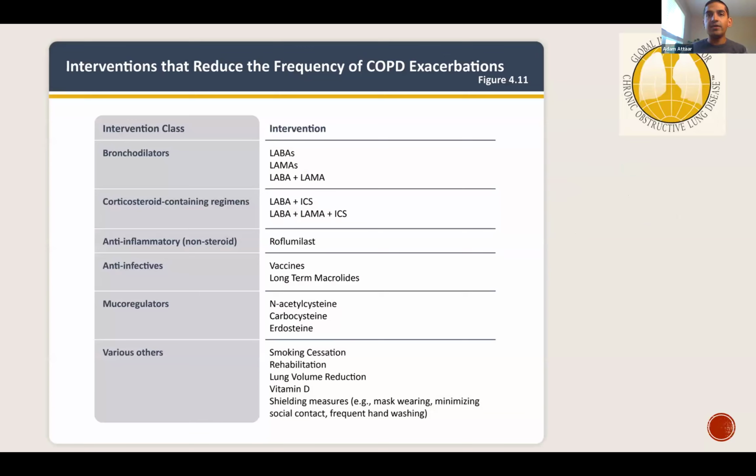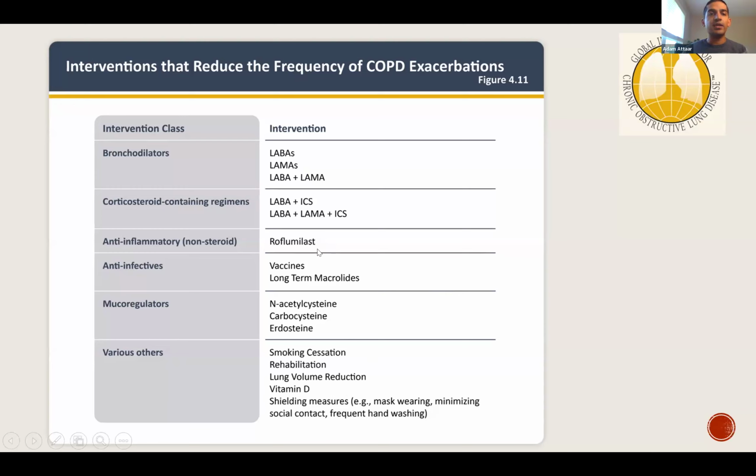Now I'd like to pivot and talk about the interventions that can reduce future COPD exacerbations. There's a number of them, and there's some mixed data for some of them. They include interventions like long-acting bronchodilators or inhaled corticosteroids, certain cases using anti-infectives for longer periods of time, such as azithromycin at a lower dose, certain mucolytic agents, and then a number of non-pharmacologic agents.